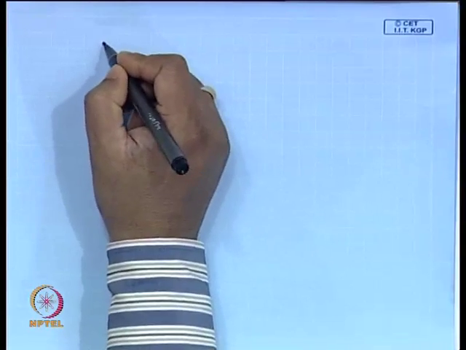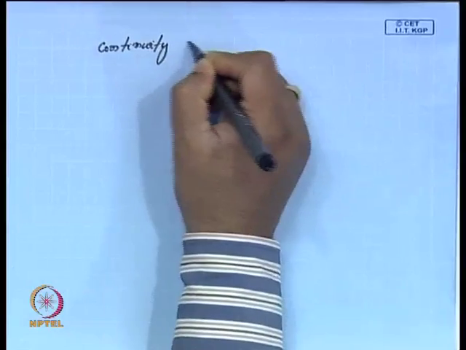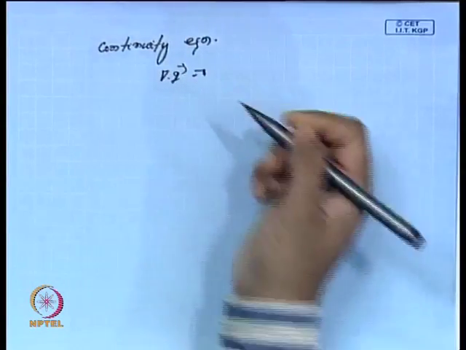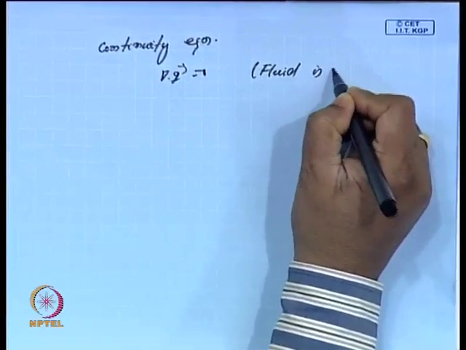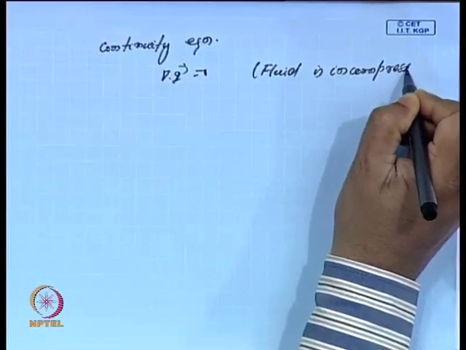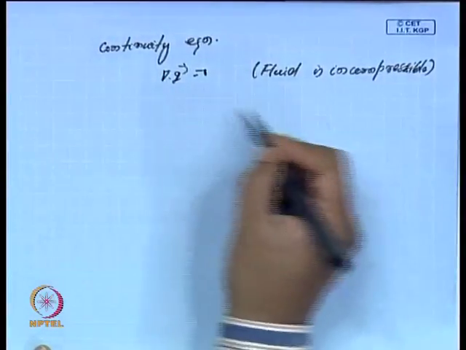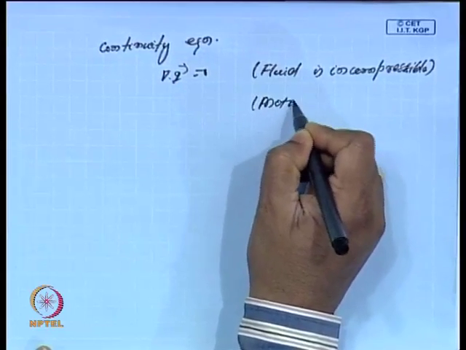That means, in the fluid domain, particularly in the water domain, we deal with the continuity equation, that is, divergence of q is 0, because as we have assumed the fluid is incompressible. Then the additional assumption says the motion is irrotational.